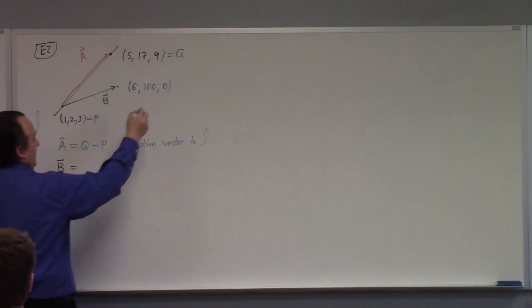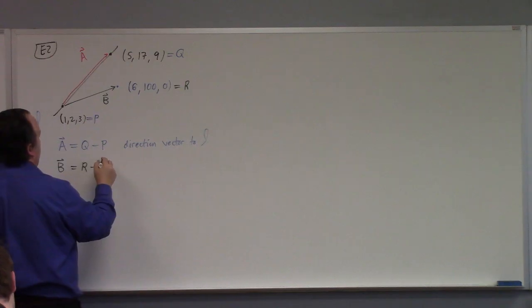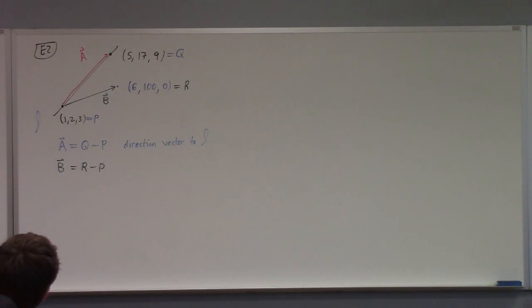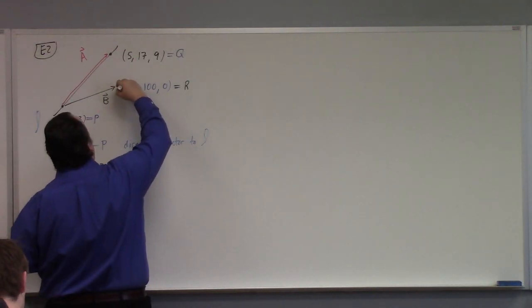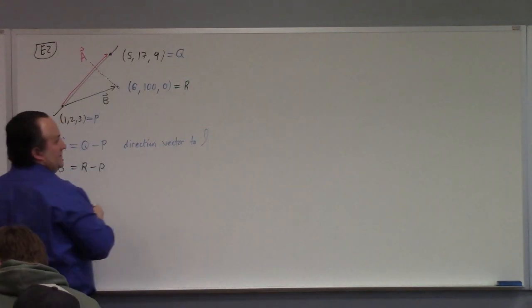I'm going to call this R. It would be R minus P, right? And where would the closest point on the line be? So you draw the perpendicular bisector to the line, right? I was attempting a perpendicular bisector, right?